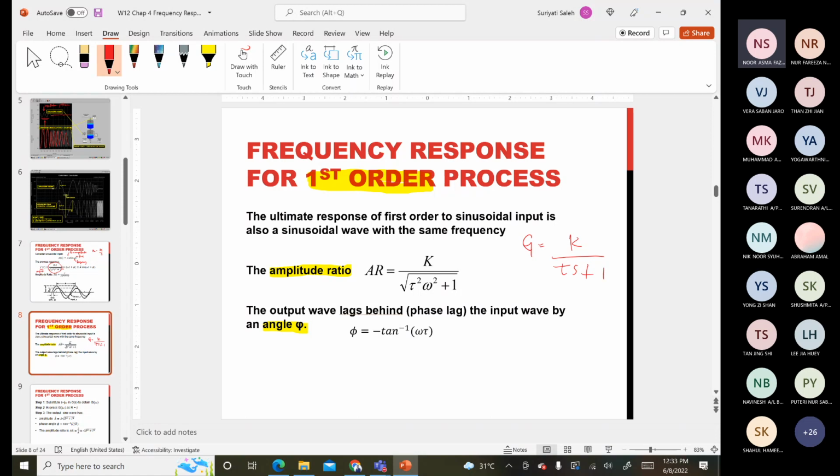So once you obtain the transfer function, then we need to convert the transfer function originally in the Laplace. So in the Laplace, we want to convert into the frequency.